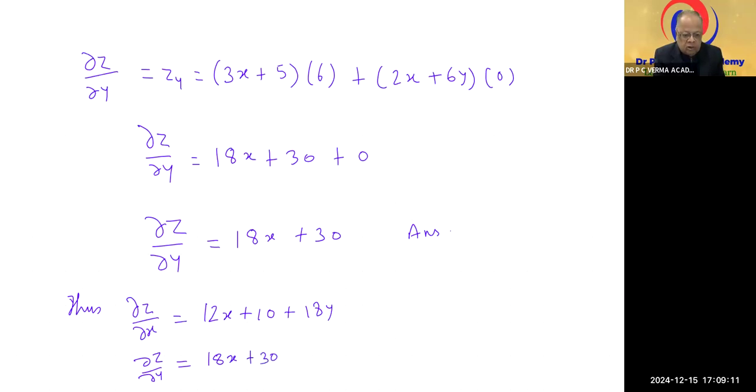First answer will be 12x plus 10 plus 18y, and del z by del y, 18x plus 30.